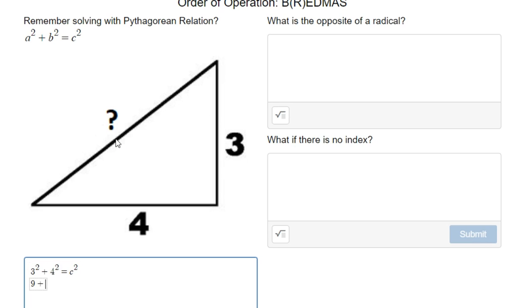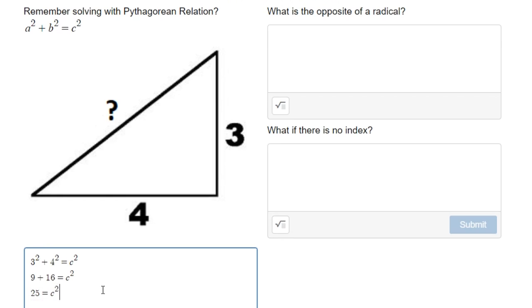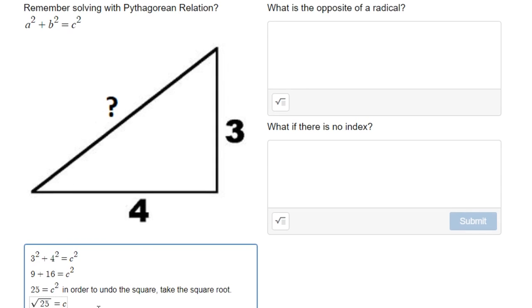So I simplify, 9 plus 16 is equal to c squared. 25 is equal to c squared. And in order for me to undo the square, we have to apply the square root. So now I have the square root of 25, and this is equal to c.